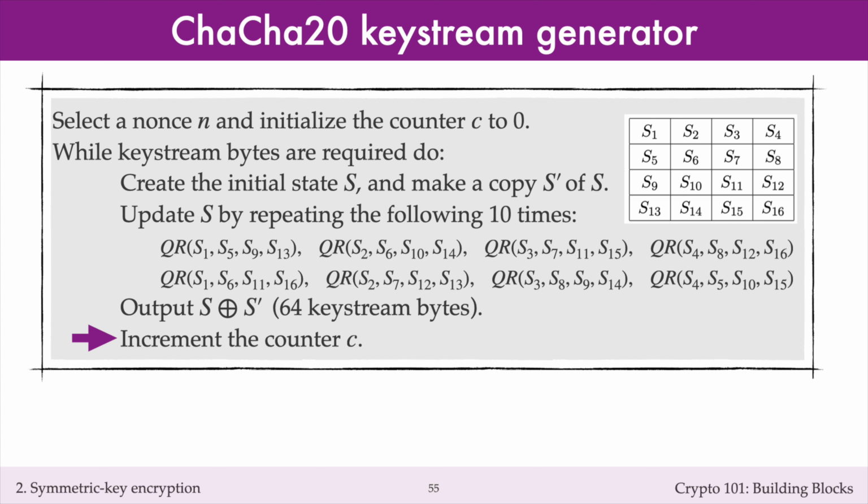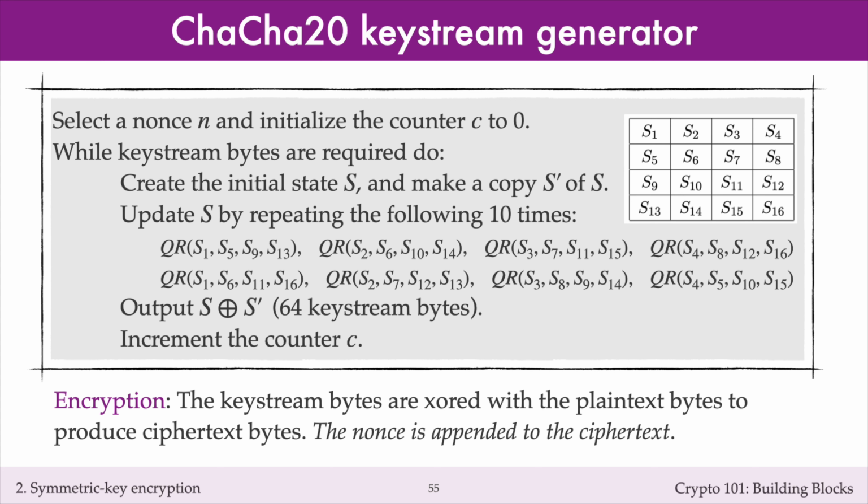If the plaintext message M is 64,000 bytes in length, then Alice invokes the keystream generator algorithm a total of 1,000 times, each time with the same nonce and different counter C. The 64 keystream bytes are XORed with the plaintext bytes to produce the ciphertext bytes.